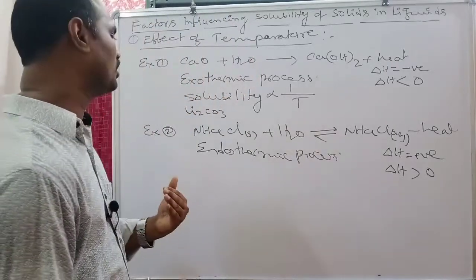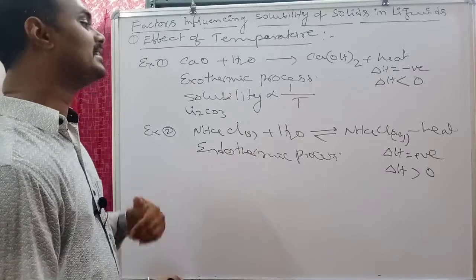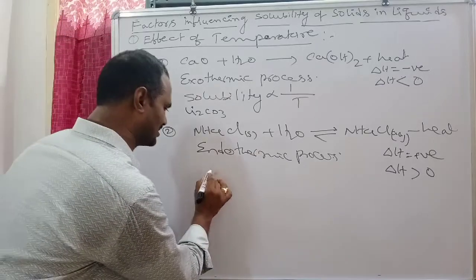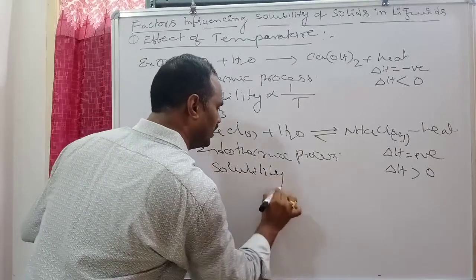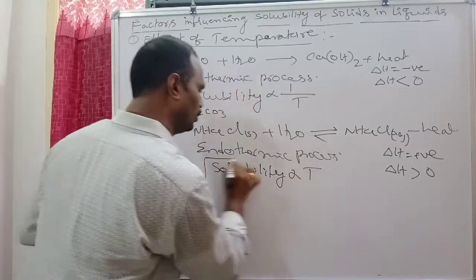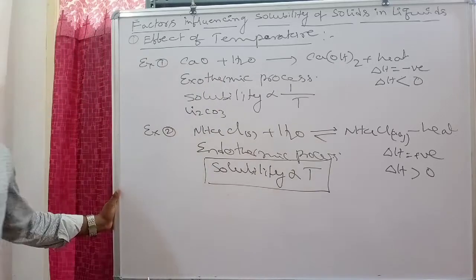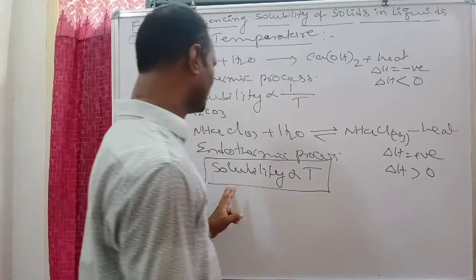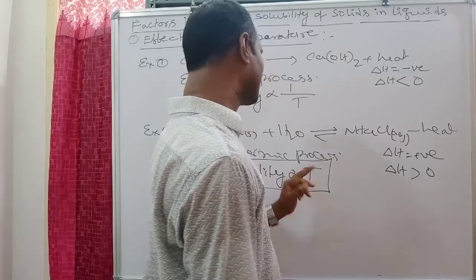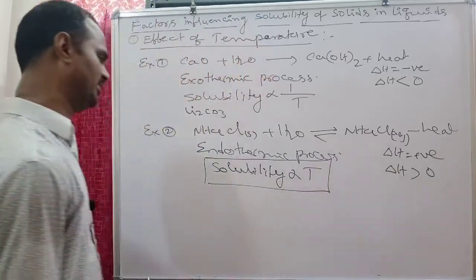For solubility to increase in an endothermic process, temperature should increase. In this case, solubility is directly proportional to temperature. Endothermic process solubility increases with rising temperature.